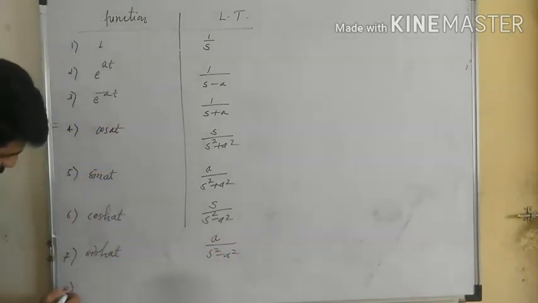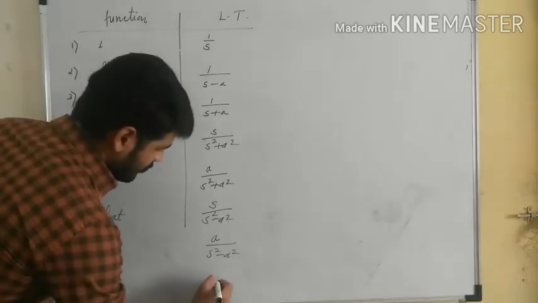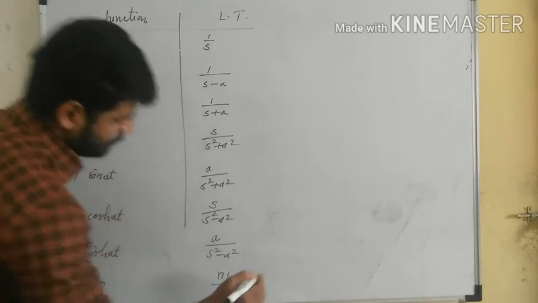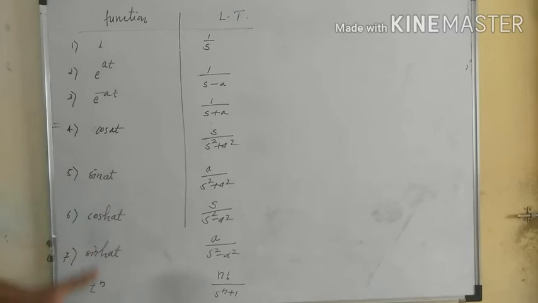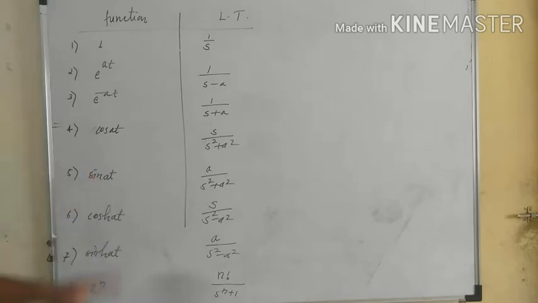And last is number 8, t raised to n. Its Laplace transform is n factorial upon s raised to n plus 1. So we have to remember these 8 formulas only, along with the definition of Laplace transform, to solve any type of problems involved in this topic. So remember this one.